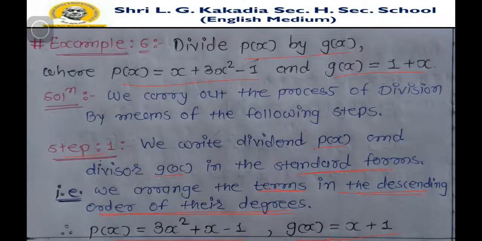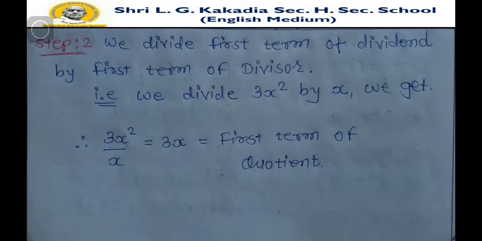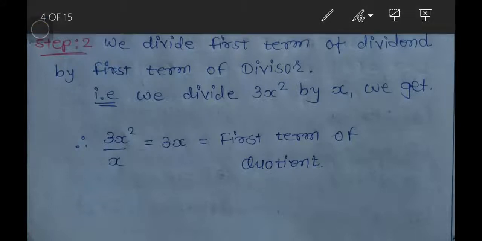Now let us go for our second step. After writing in standard form, we go for step number 2, that is we divide the first term of the dividend, P of x, by the first term of the divisor, g of x.